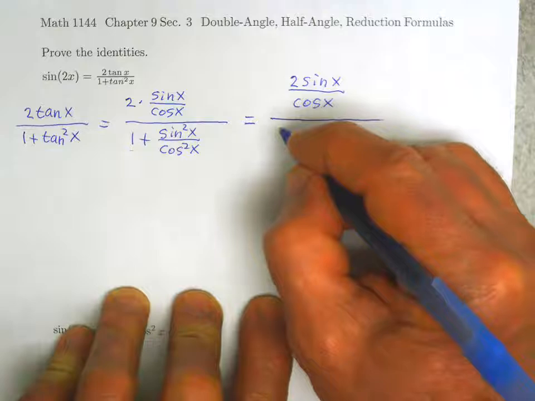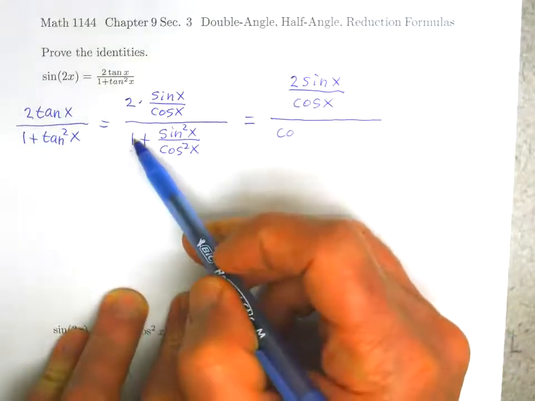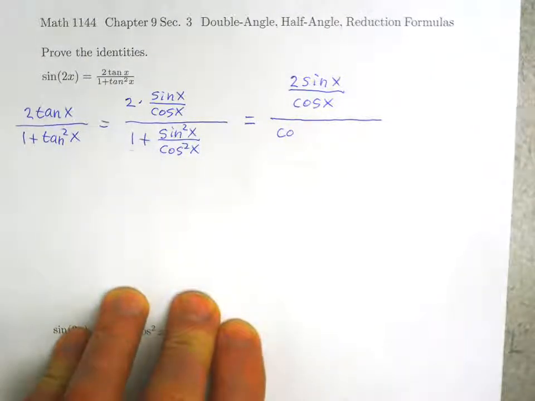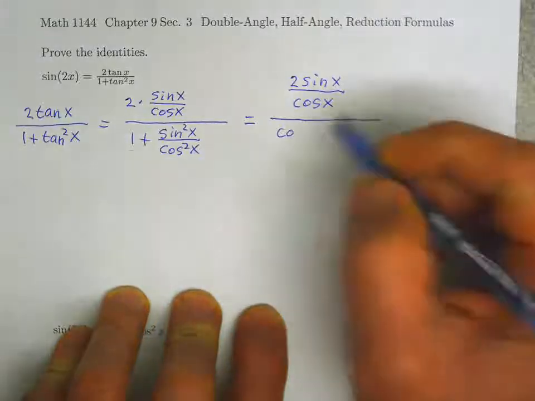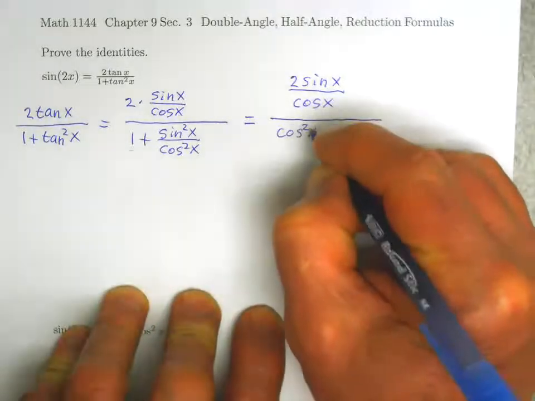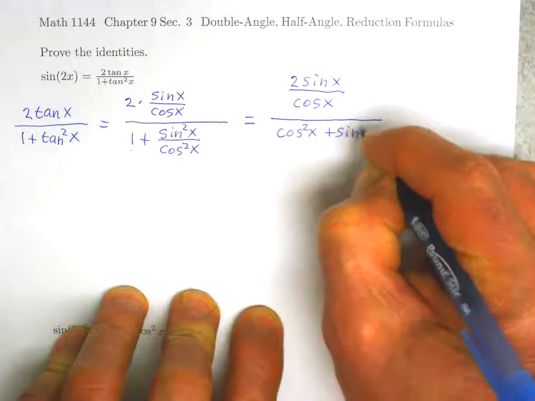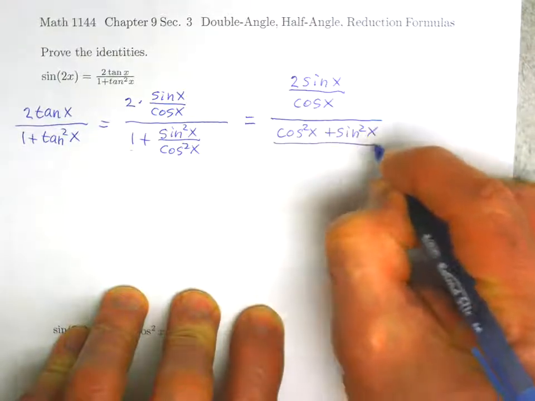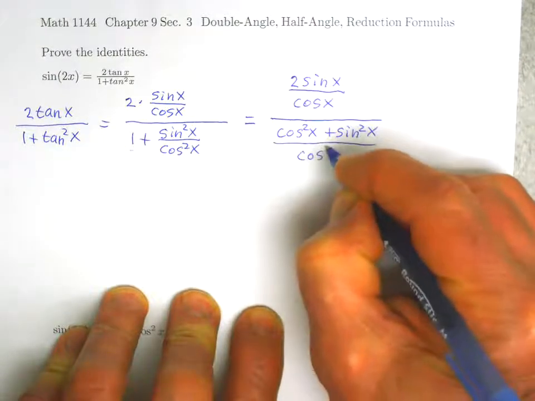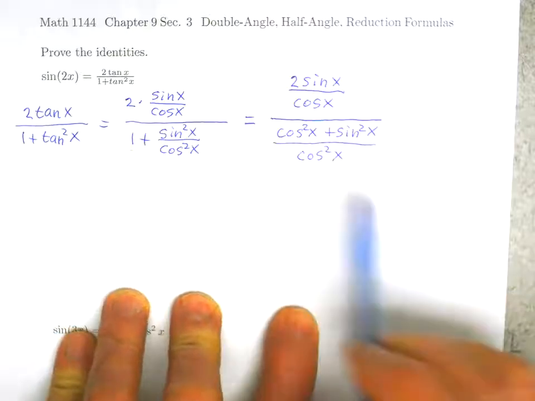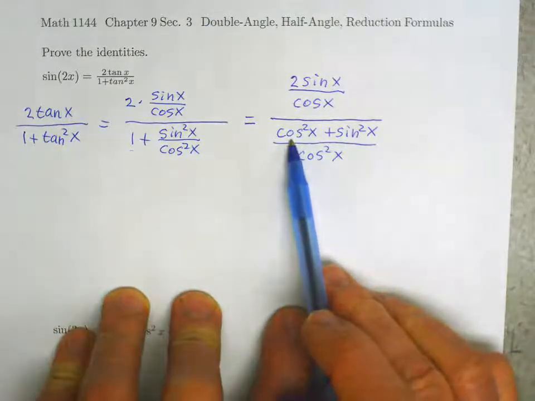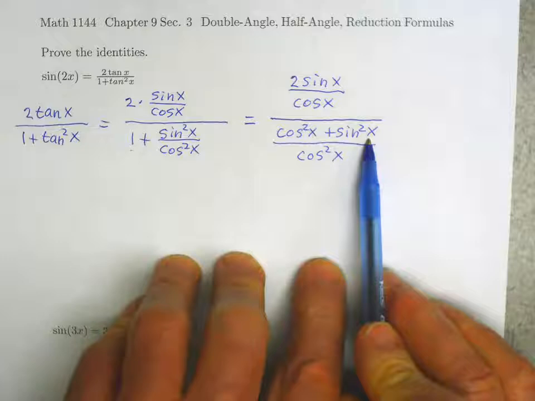So we're going to multiply 1 by cosine of x squared over cosine of x squared. So we get cosine of x squared plus sine of x squared all over cosine of x squared. And cosine of x squared plus sine of x squared is 1.